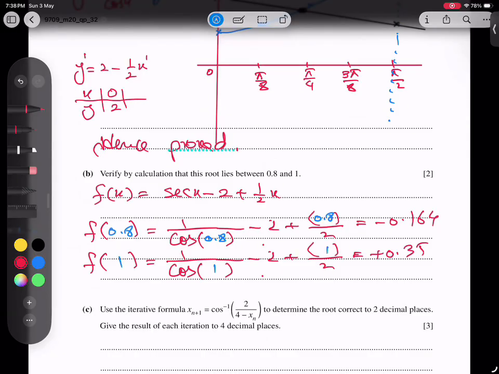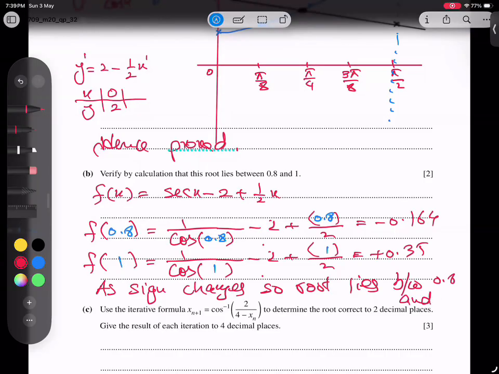So just write a statement: as the sign changes, the root lies between 0.8 and 1. Done. So one number is coming negative, one positive.